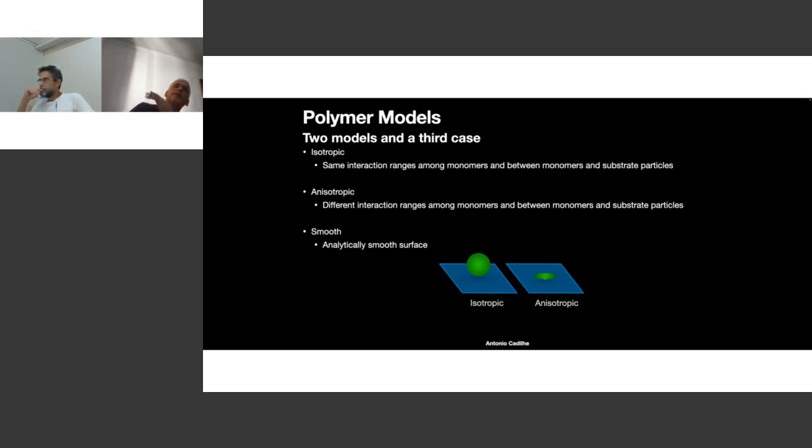And from an effective point of view, then there is only one particle interacting. I don't care for the remaining particles, and therefore I call this case anisotropic. So here, in this last case, the size of the monomer is not going to make a difference in terms of the binding energy of the monomer with the substrate.